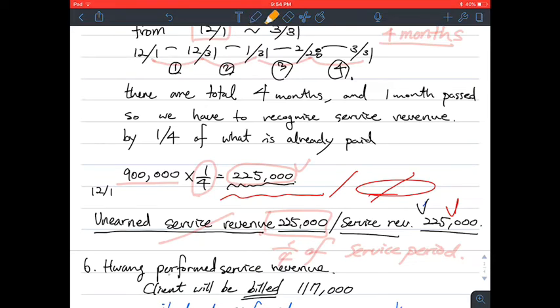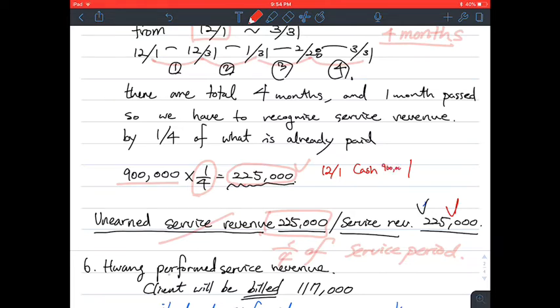For example, December 1st, the company has recorded cash 900,000 and unearned service revenue for $900,000.